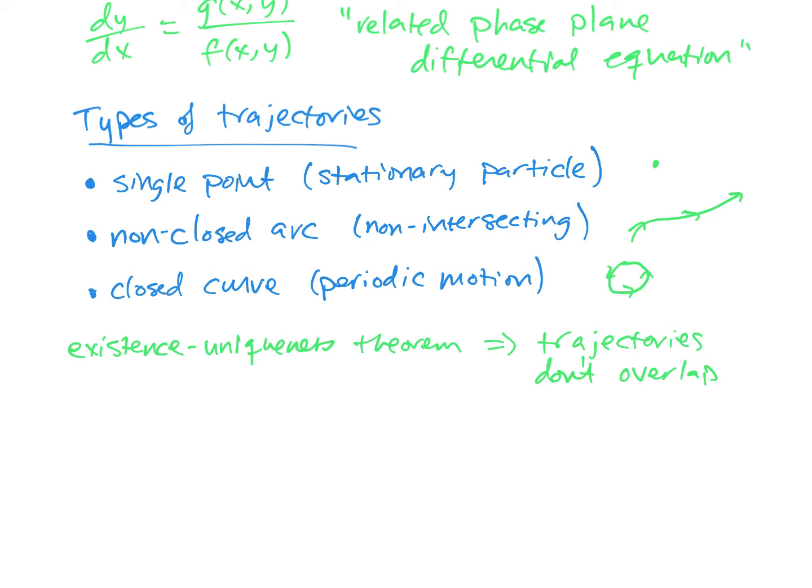Because if you had one trajectory that went like this, and then another trajectory that went like this, and you were at this point, uniqueness says that you can't go both directions. There's only one solution. So this doesn't happen.